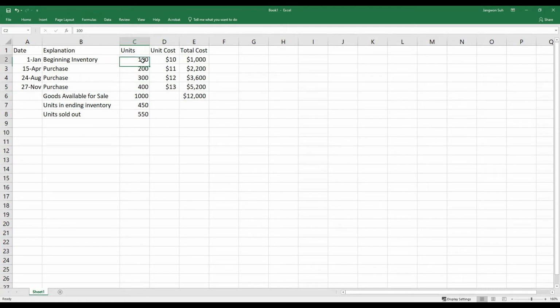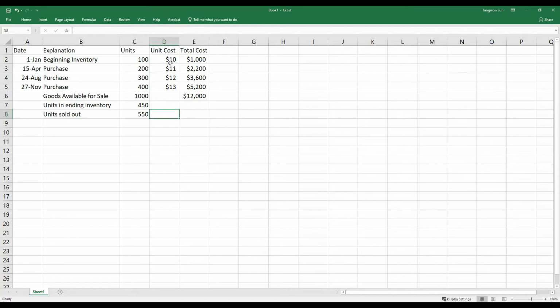Then can you say 100? Not either, right? We don't have enough to explain the 550. At the beginning, we had only 100. So the unit cost cannot be 13, cannot be 10. Then what number should we use? The question comes from here.